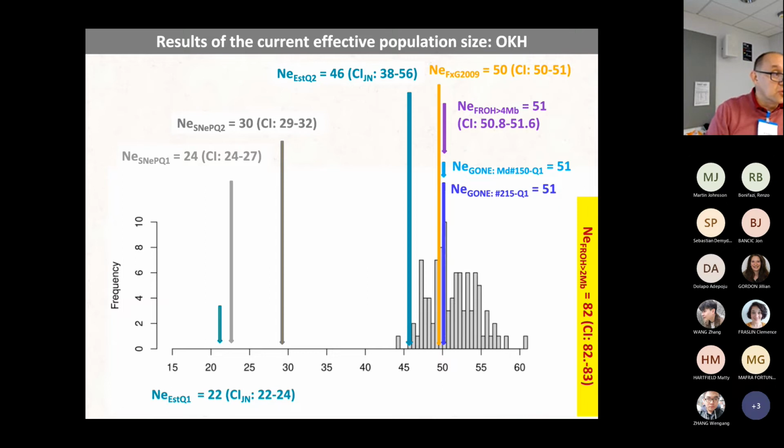I would say even too good, maybe too good to be true, but this is the estimate we had. The NA estimator was good, especially when the number of markers was more than 60,000, because you would see, okay, 46 is not 51, but it's not so far, and the confidence interval would capture this.